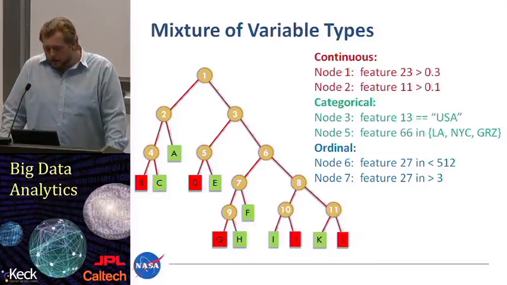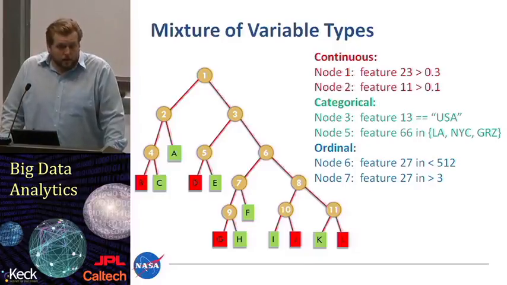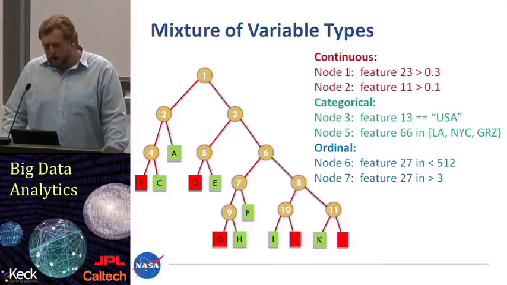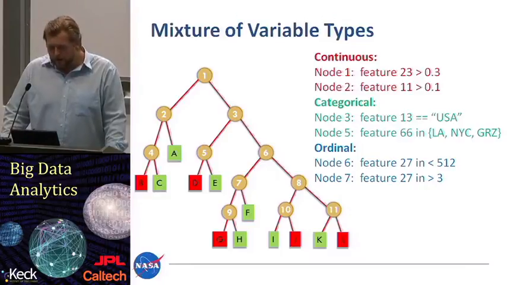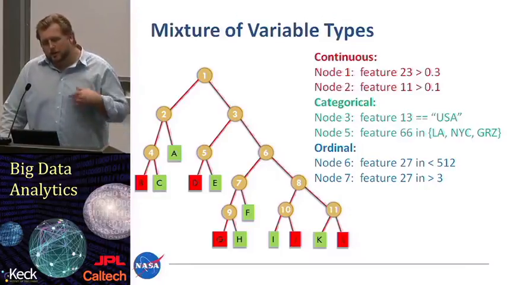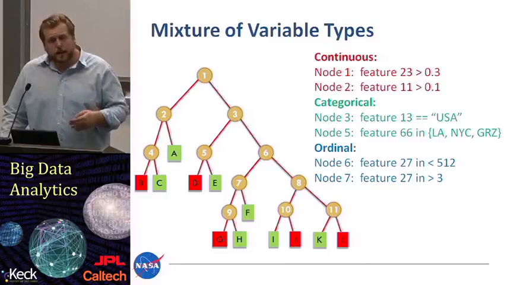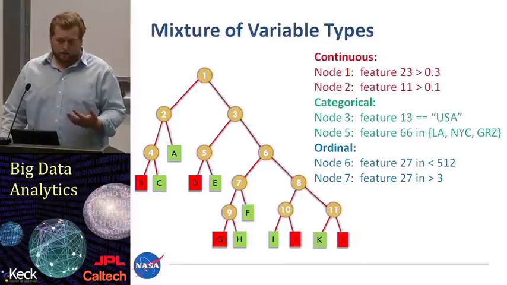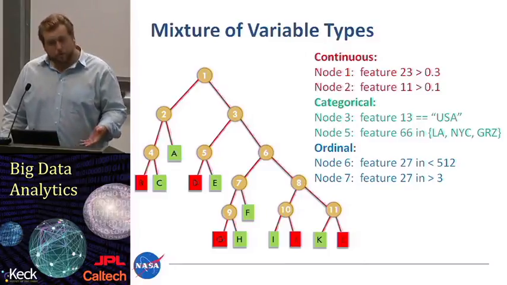So in that case, if feature 66 is part of the set of LA, New York City, or Graz. And then again, for ordinal features, they behave quite similar to continuous ones, but you only would have ordered categories, for example, integers in that case. So you can mix all these features in a single model without pre-processing.